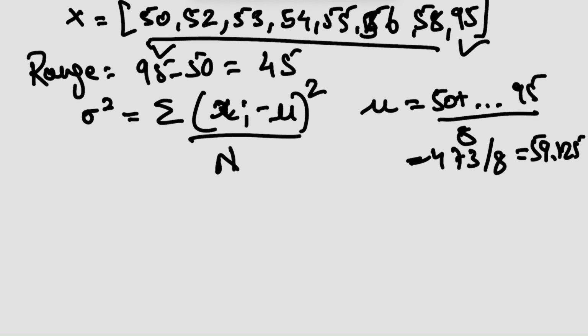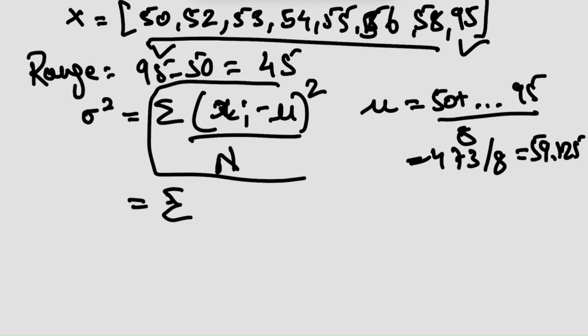And when you do the calculation, when you subtract a value, that is xi, first one is 50, right? 50 minus mu, which was 59.125.